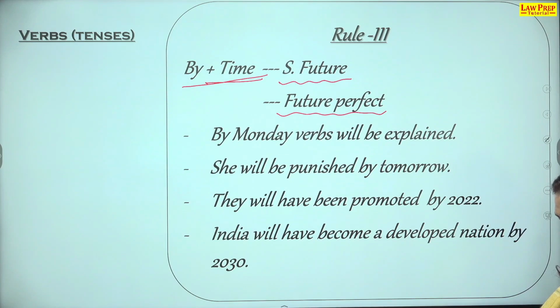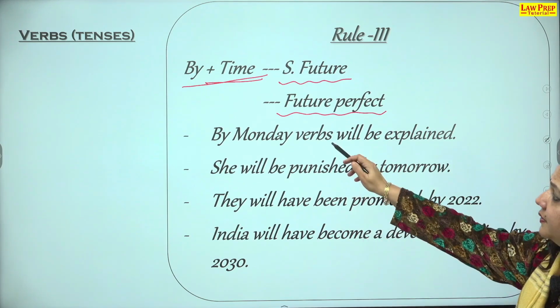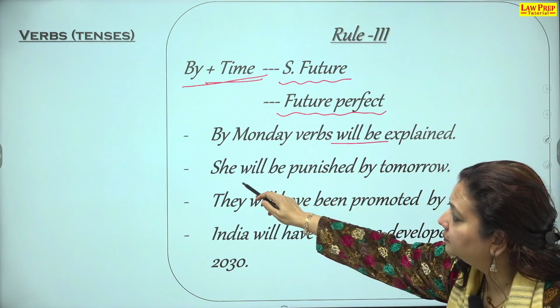Simple past tense is used when time factor is given, and when by plus time is given, we use simple future or future perfect. You can see all of these words used here. Simple future.